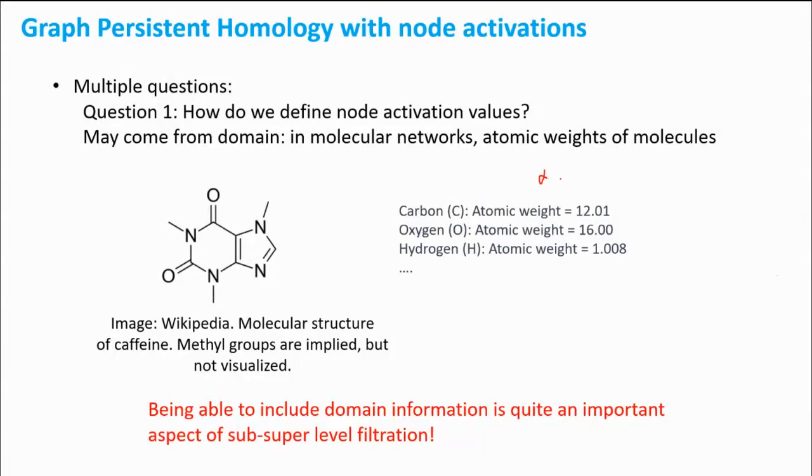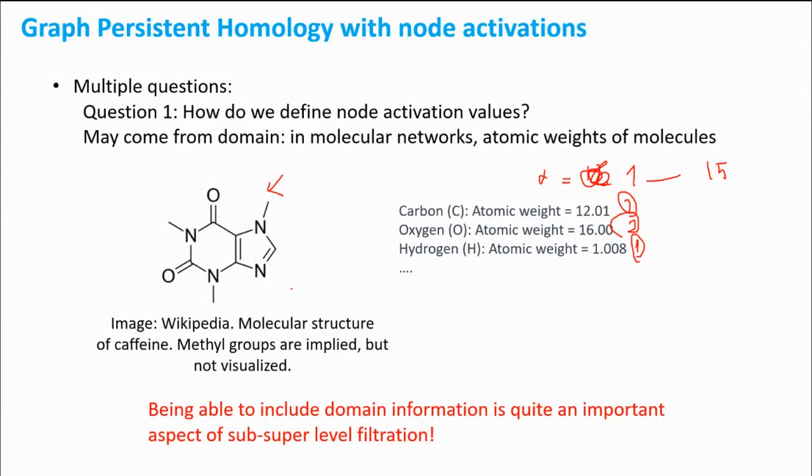So if I increase the alpha threshold from 1 for the hydrogen to 15, hydrogen will appear in the first scale, and then carbon will appear eventually, and then the oxygen will appear. So you can see the filtration happening along these atomic weights.